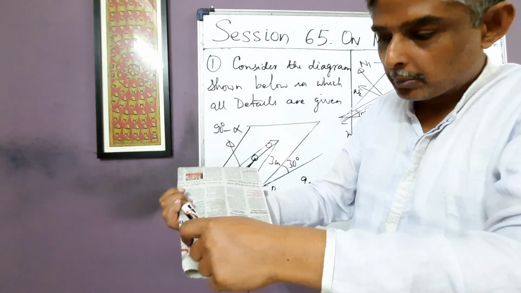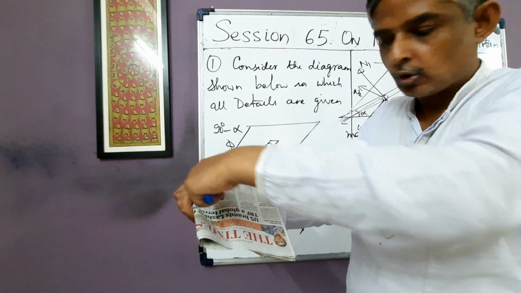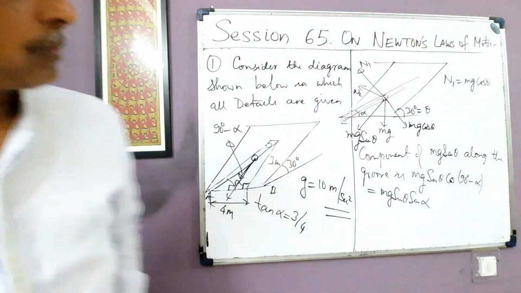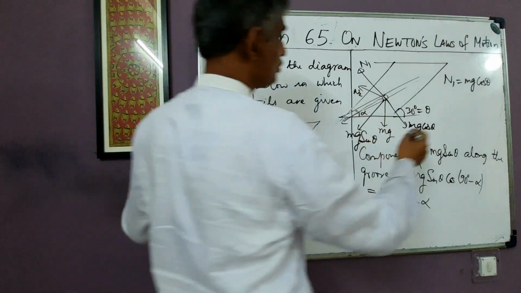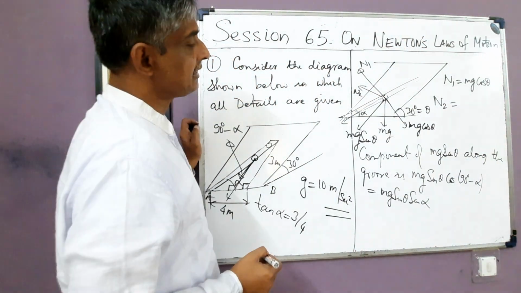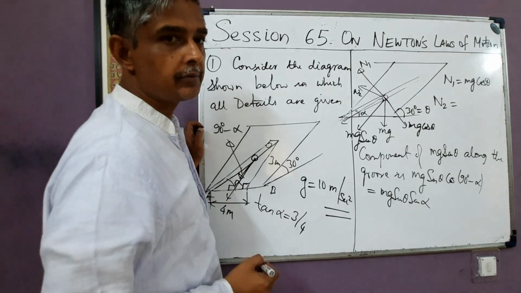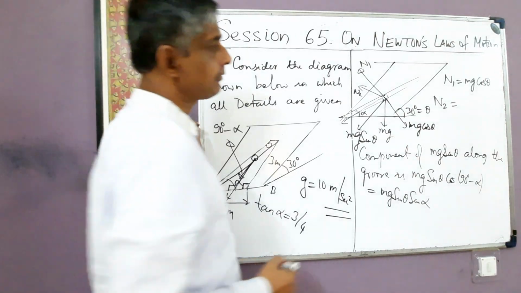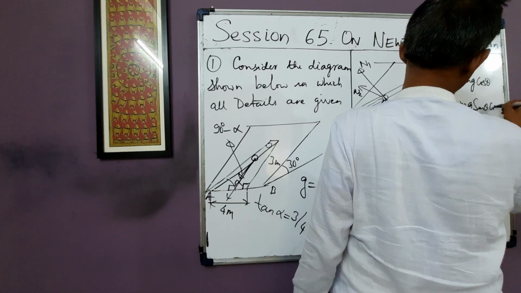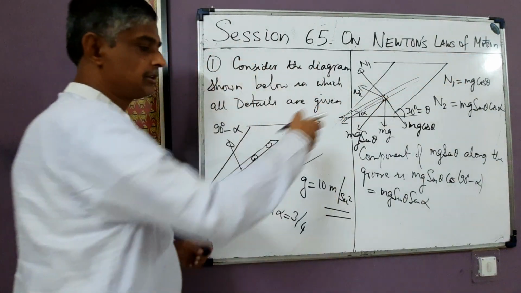The component of mg sin theta normal to the groove is mg sin theta cos alpha, which just balances N2. So N2 becomes mg sin theta sin 90 minus alpha, which is simply mg sin theta cos alpha.